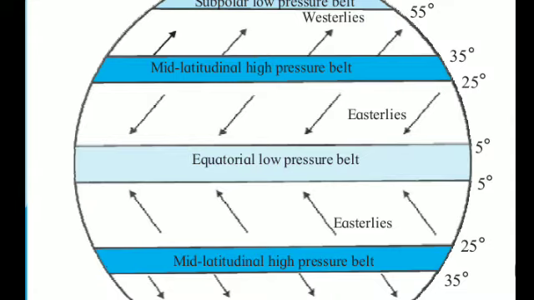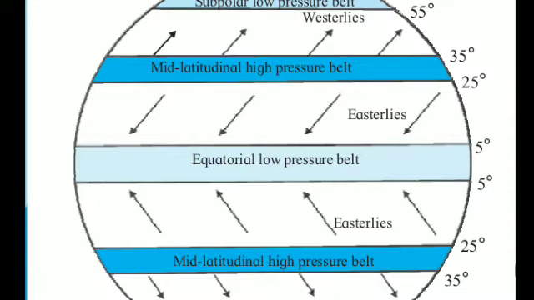So in both the hemispheres over here, student, temperature is low and the pressure is high. So as a result, student, the pressure belt formed over here is the mid-latitudinal high pressure belt. Understood, student?